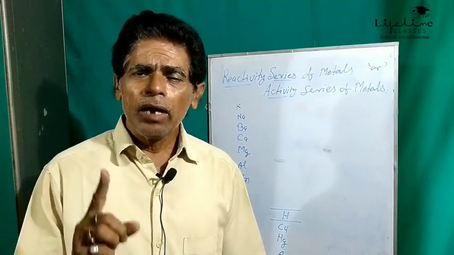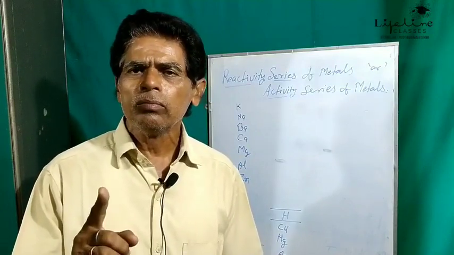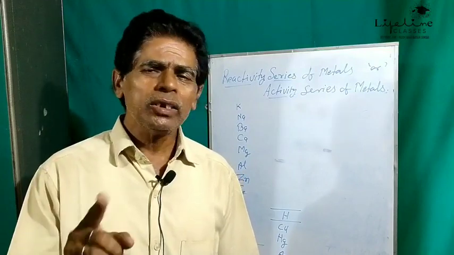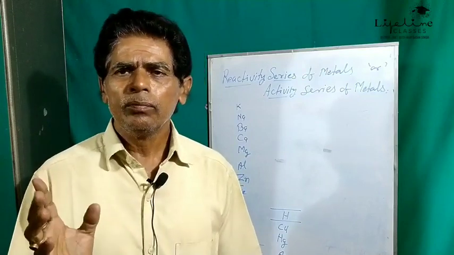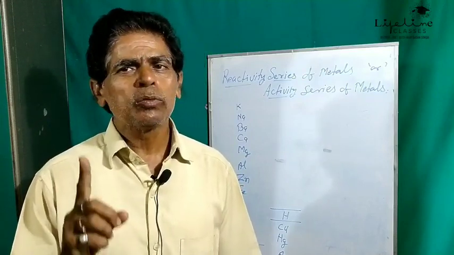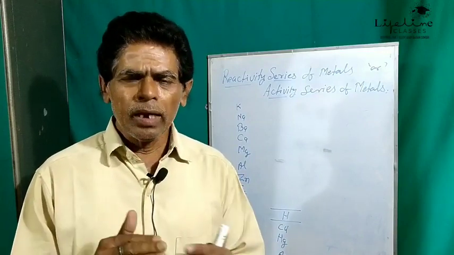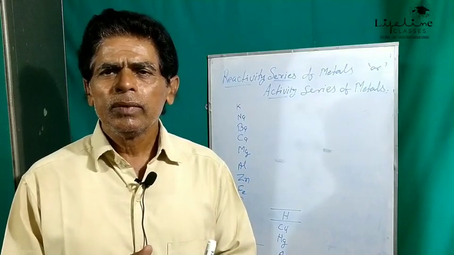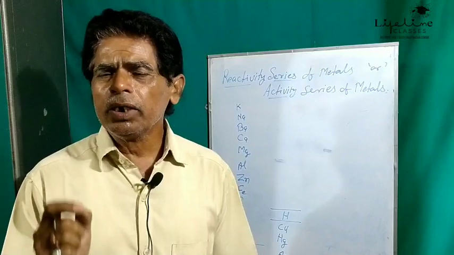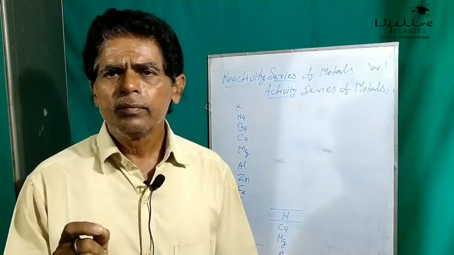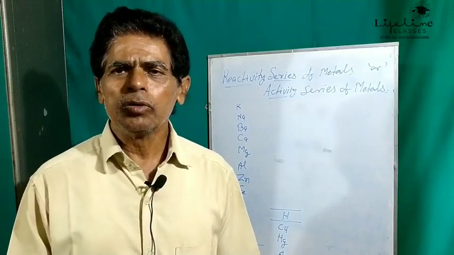Whereas hydrogen also has a tendency to accept one electron to form the nearest inert gas configuration of helium and forms the H minus ion, that is the hydride ion. Here we are interested in the electron losing tendency of the hydrogen atom or the element hydrogen.